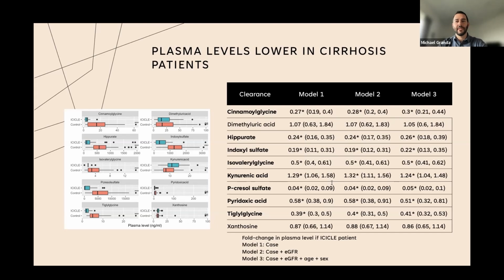Interestingly, two solutes that failed to reach significance, dimethyl uric acid and xanthosine, are diet-derived from purine metabolism, but aren't known to have significant contributions from gut flora, whereas many of the other solutes do. And the association of the plasma levels didn't change significantly when adjusted for different factors, including the degree of kidney impairment by eGFR, by age or sex.